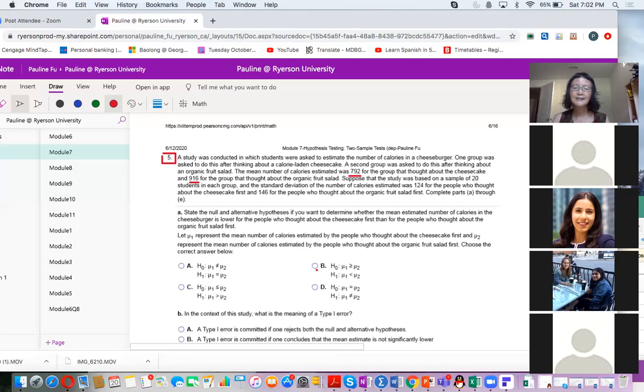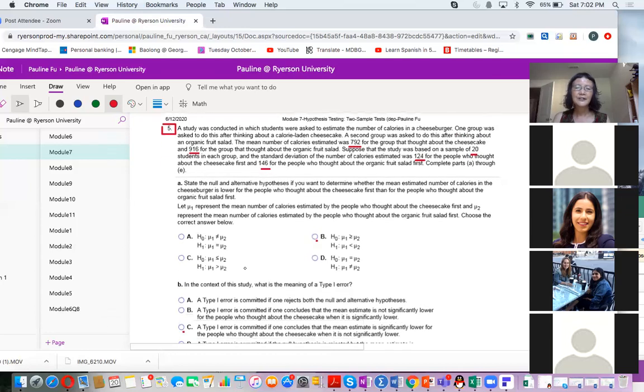Suppose that the study was based on a sample of 20 students in each group, and the standard deviation of number of calories estimated was 124 for people who thought about the cheesecake first, and 146 for people who thought about the organic fruit salad first. Compare question A and E.